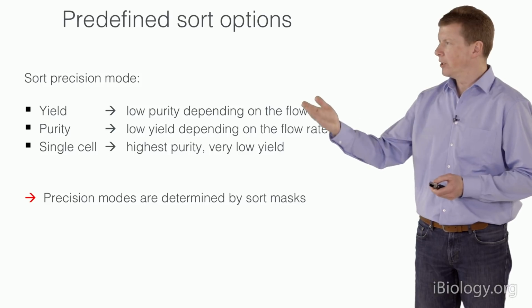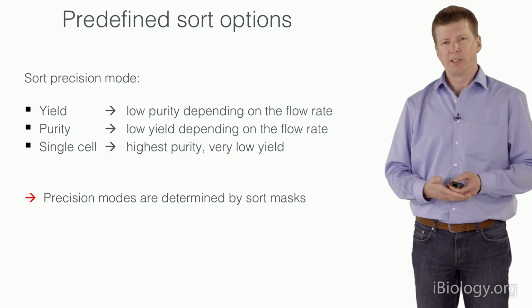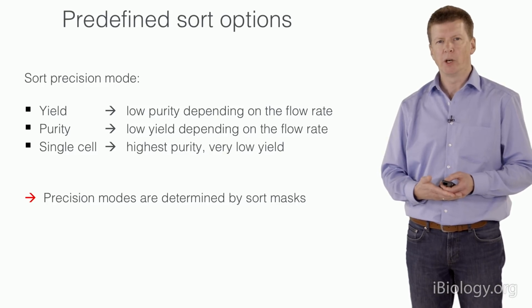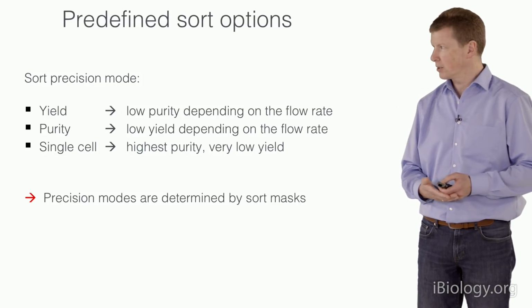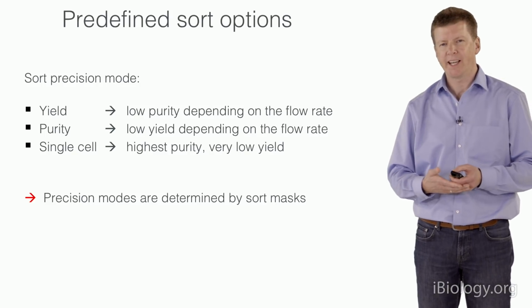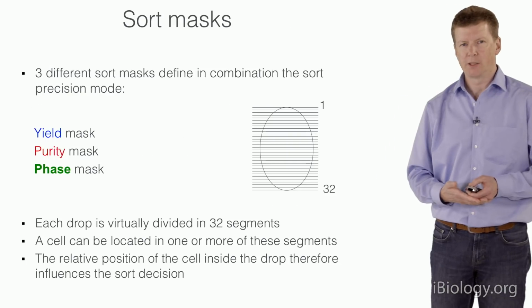And already what the names are suggesting, one or the other term is then prioritized in that. And these precision modes are always a mixture and combination of the so-called sort masks. So now I'm already introducing the next term. So now let's have a closer look what the sort mask is about.